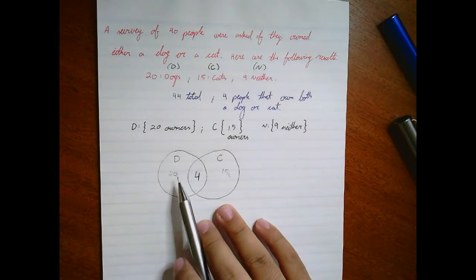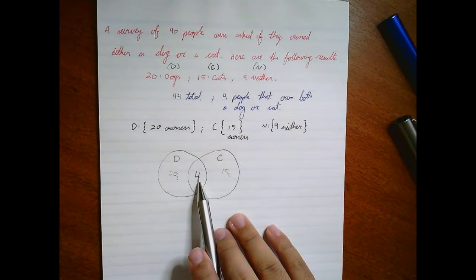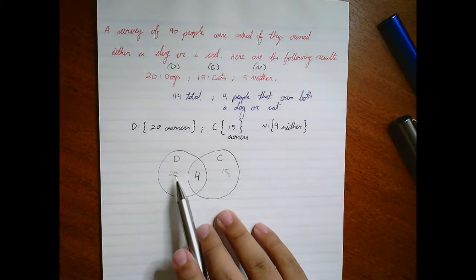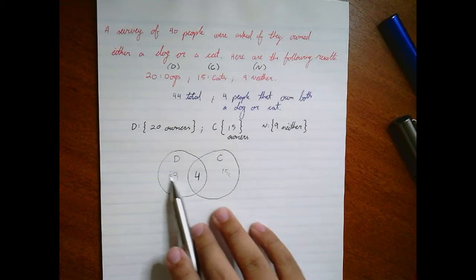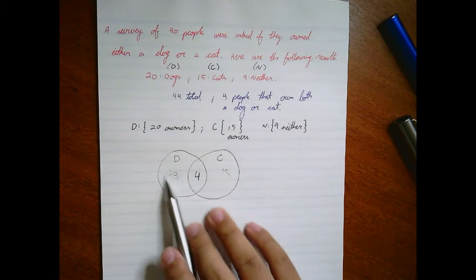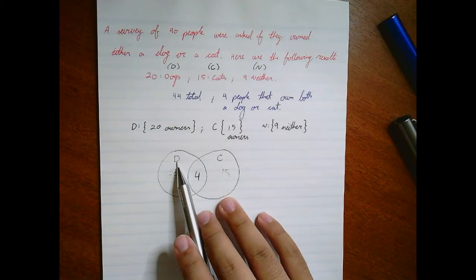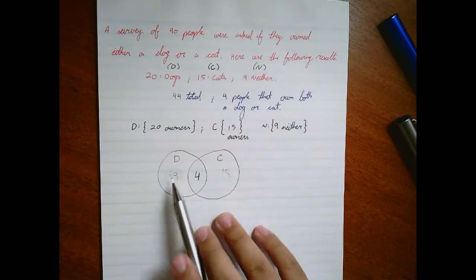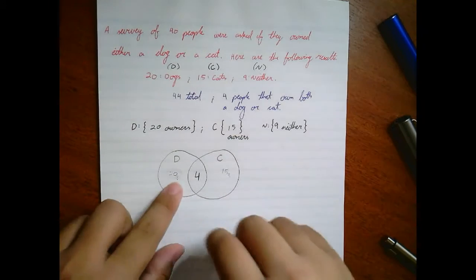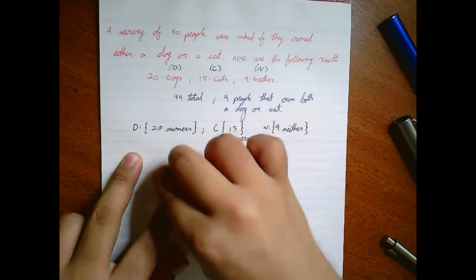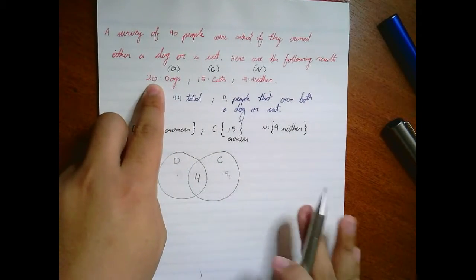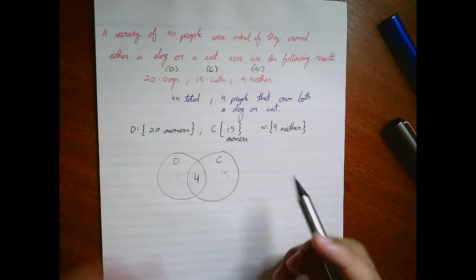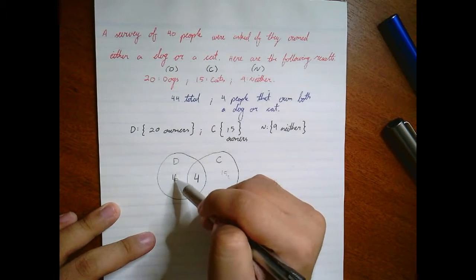So it's telling us that these 4 people are already part of this group. So this 20 should represent the dog owners who only own dogs. So instead of 20, we're going to put 20 minus the 4 that overlap. So there should only be 16 people in this group.